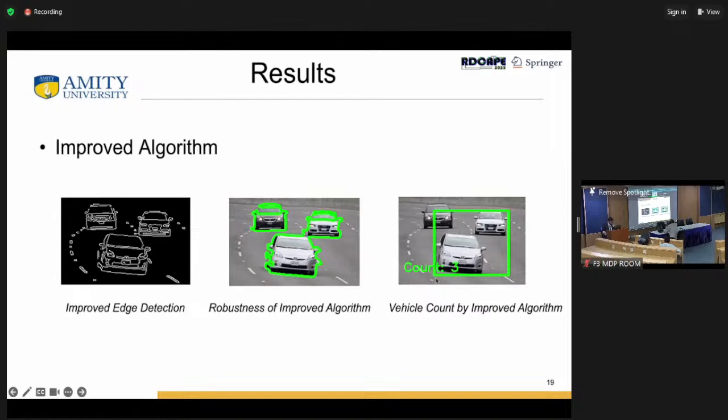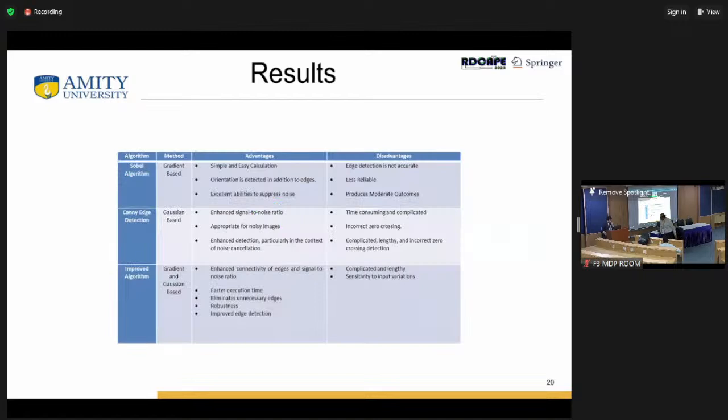So as I said, errors are less, and execution time is also less as compared to others. So these are the advantages. We have a disadvantage for our algorithm also: it's a little complicated and lengthy, and a little sensitive to variations.